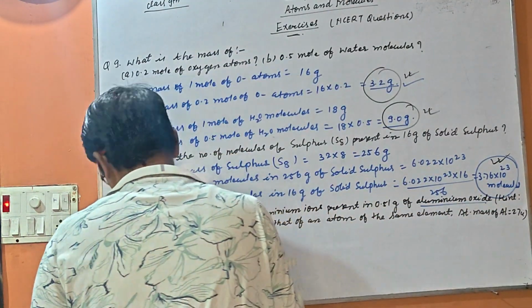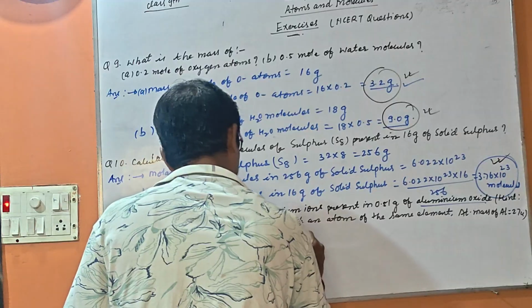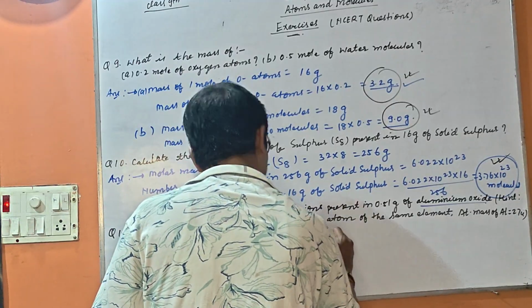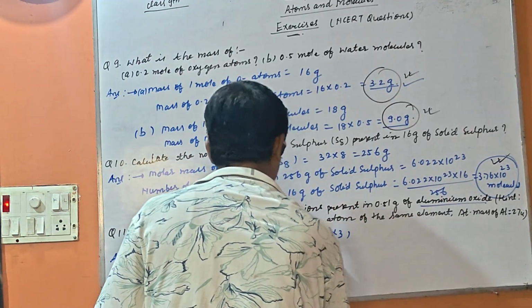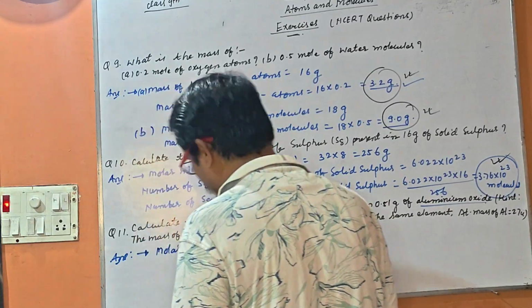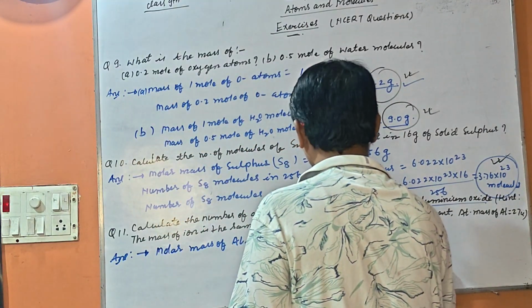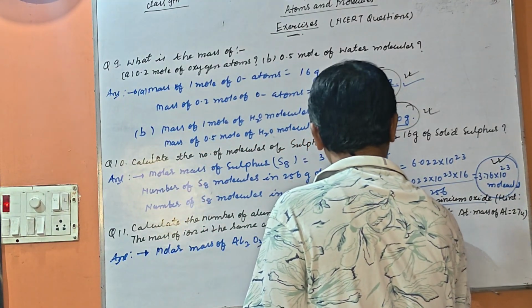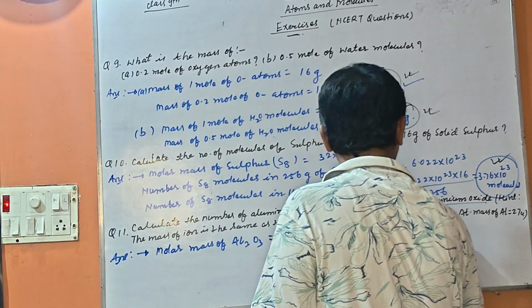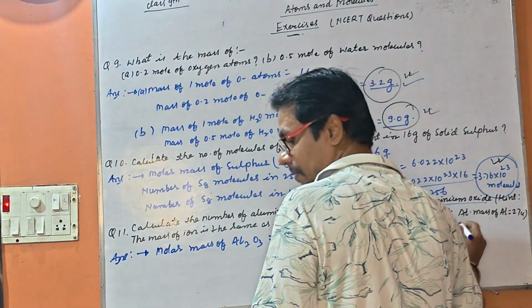Al2O3 is equal to 27 into 2 plus 16 into 3. The calculation comes to 54 plus 48, which is 102 gram.